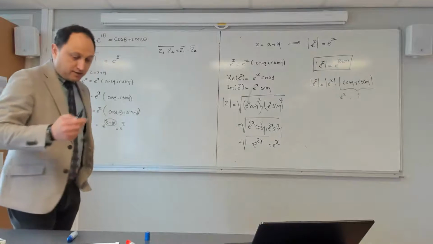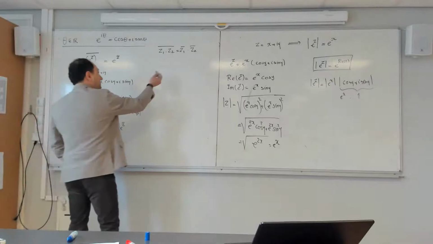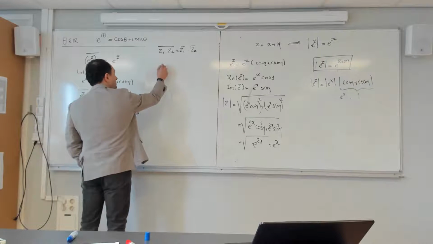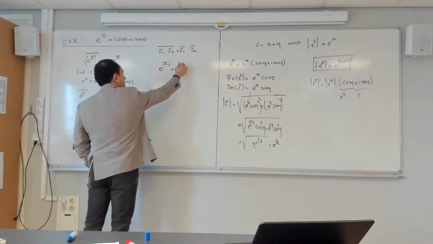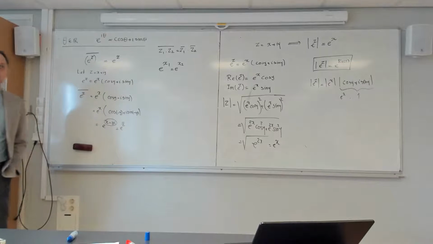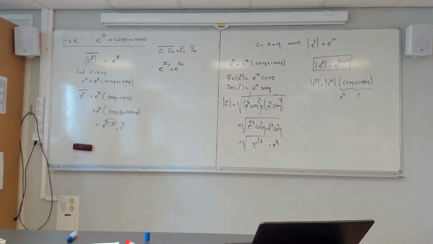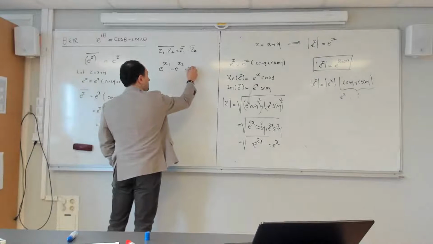Okay, there is a very big difference now. If you are working with real numbers, and I tell you that e to power x1 is equal to e to the power of x2, what can you conclude about x1 and x2? They are the same. You can conclude that x1 is equal to x2.